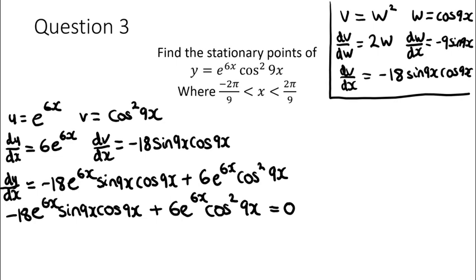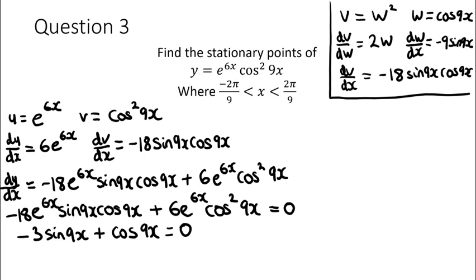Let's have a look at what that looks like. 18 divided by 6 is 3. The cos 9x is gone. So we're just left with that for the first term. And for the second term, we're dividing by 6, by e to the 6x, and by cos 9x, so that'll just leave us with a cos 9x.